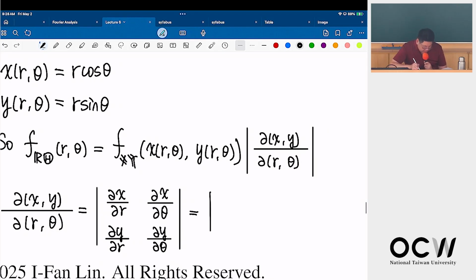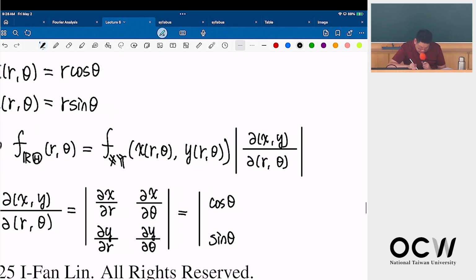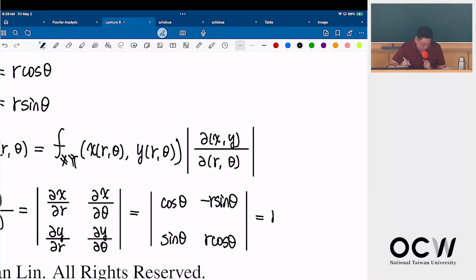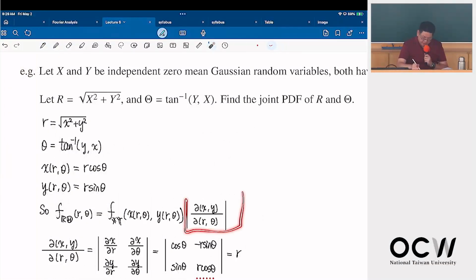Then you'll get cosine theta, sine theta, and then the second column, minus r sine theta and r cosine theta. In this case, we'll get r. So now this part is r.